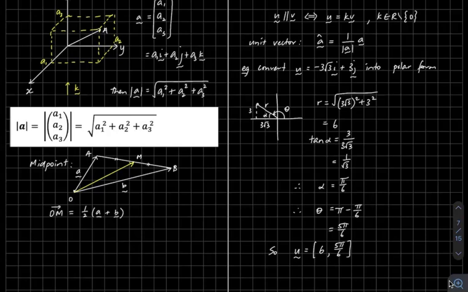So to just confirm what I'm saying, let me write it over here: if you simply use the rule tan theta equals y over x, then I'd be saying tan theta equals 3 over negative 3 root 3, which is negative 1 on root 3.